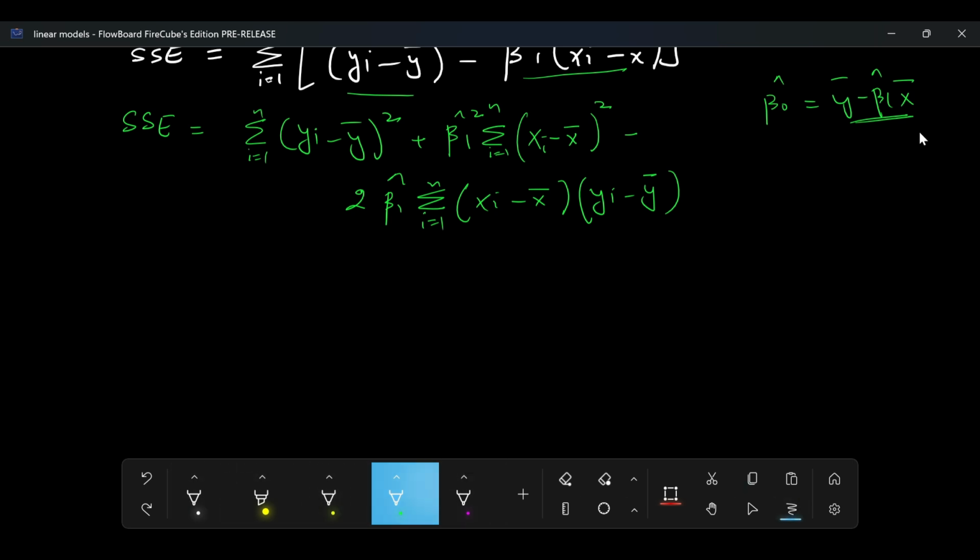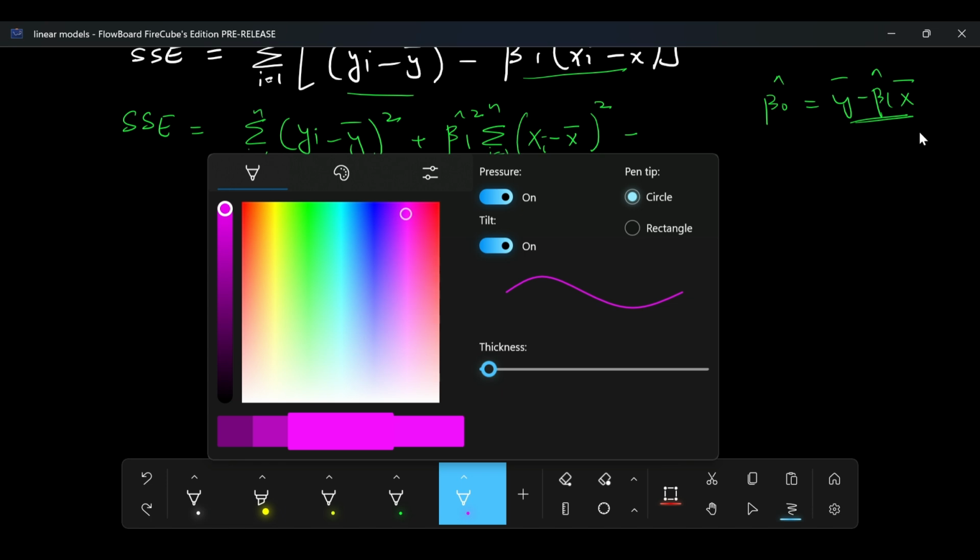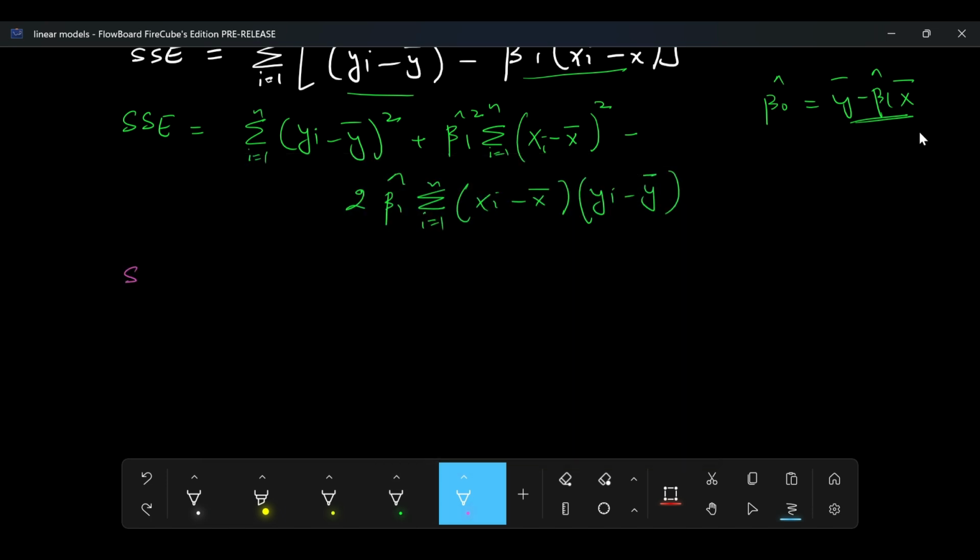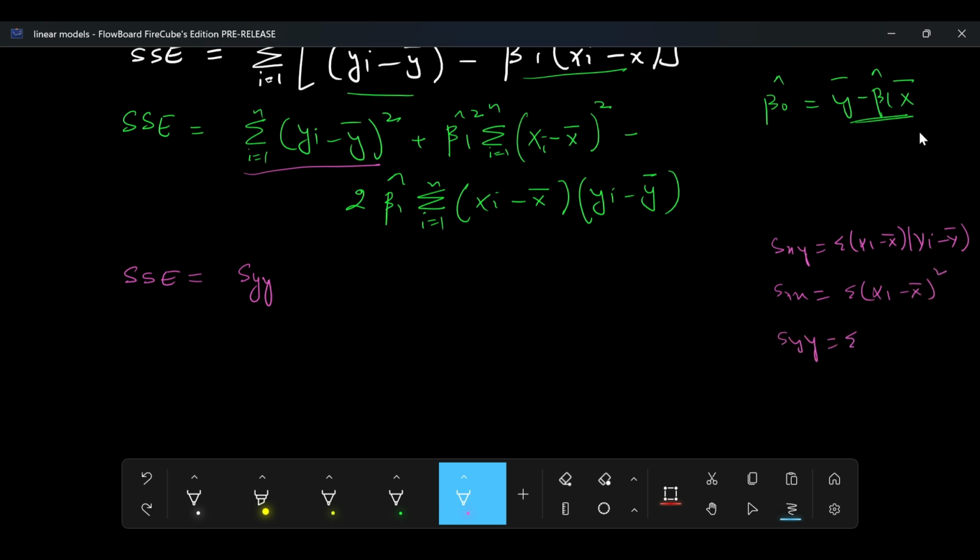Now see, this SSE is equal to, what is this? This is SYY. As you know, SXY is equal to summation xi minus x bar yi minus y bar, SXX is equal to summation xi minus x bar square, and SYY is equal to summation yi minus y bar square. ठीक है?